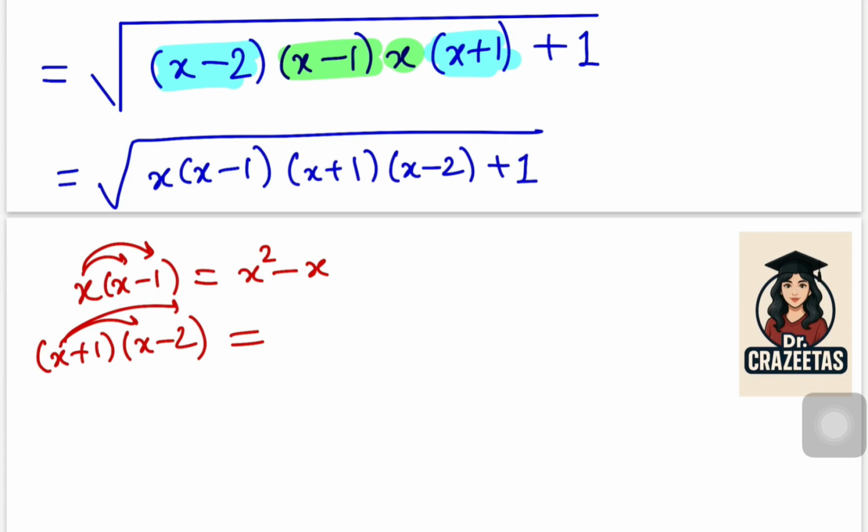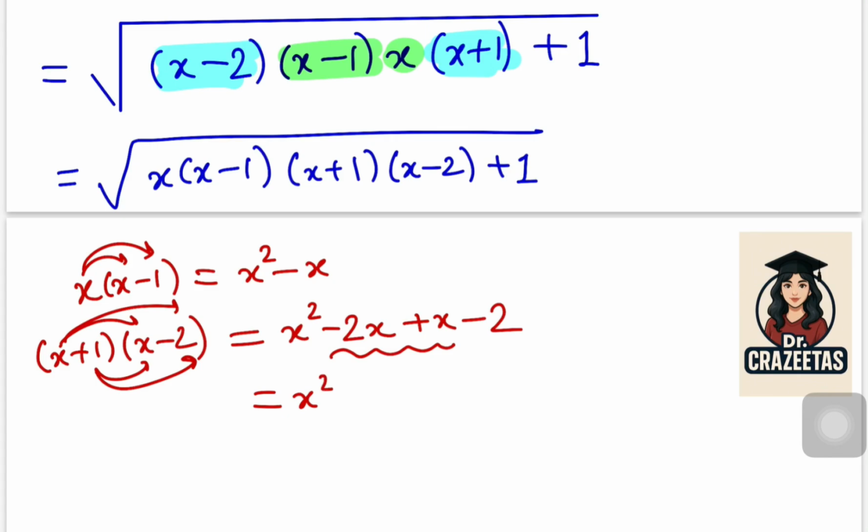So x times x is x square, and x times 2 will be negative because of the minus sign, so minus 2x. Then we multiply 1 with the rest of the two, so this will be plus x and minus 2. The middle terms are solved, so x square minus x minus 2. This is the simplification of the multiplication of these two brackets.